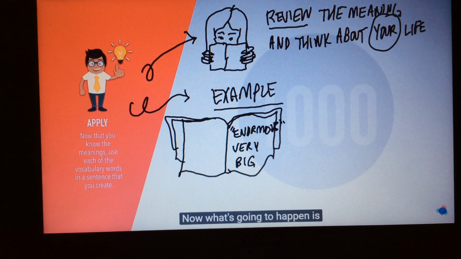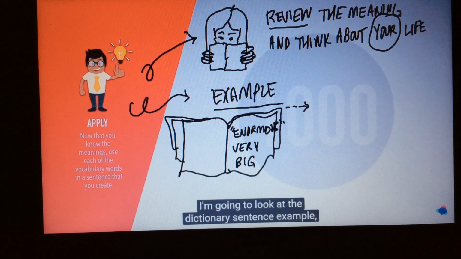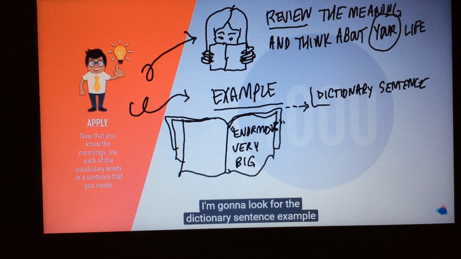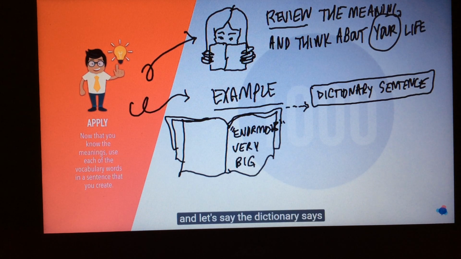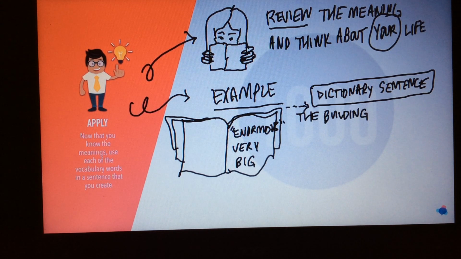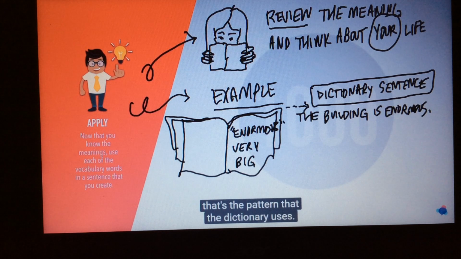Now, I'm going to look for the dictionary sentence example, and let's say the dictionary says the building is enormous. That's the pattern that the dictionary uses.